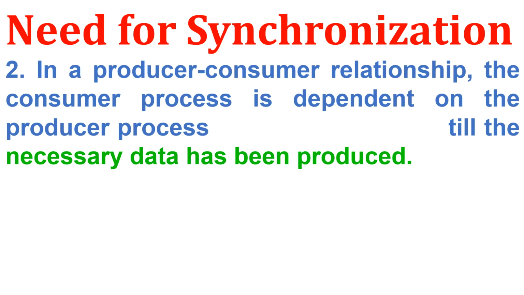So producer and consumer processes should be active at the same time, so that one can produce and another can consume the produced thing. So they must be in synchronization with each other.